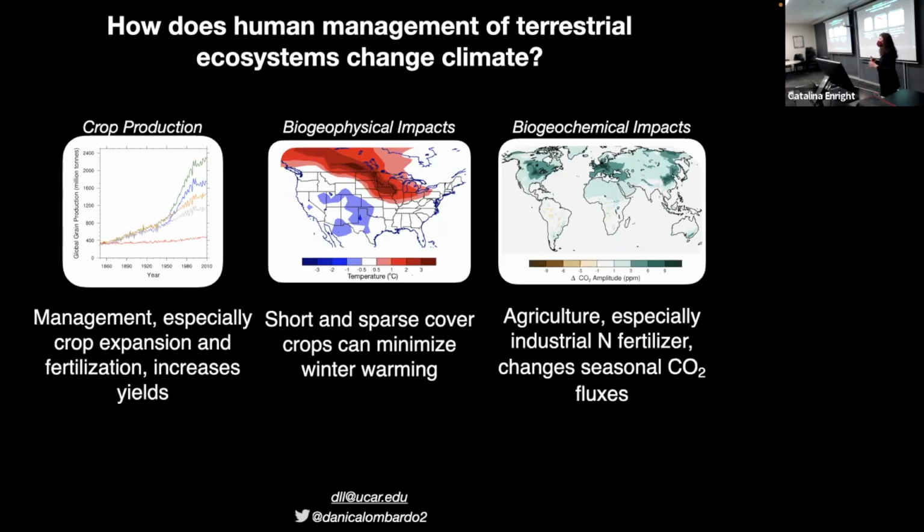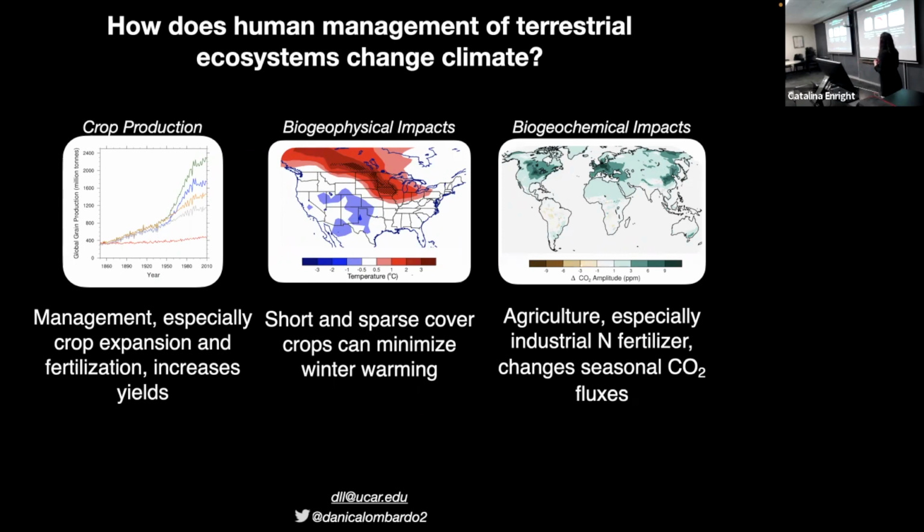Okay, so now I'll wrap up and leave you with some key thoughts. How does human management of agriculture in terrestrial ecosystems change climate? I showed you that crop production management, especially cropland expansion and fertilizer, increases crop yields.